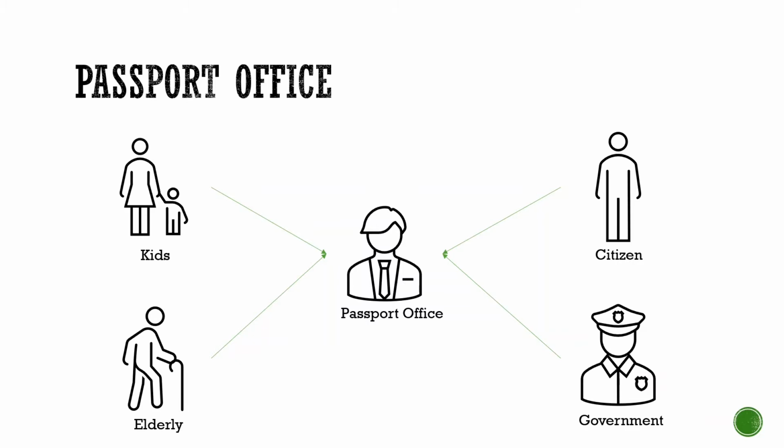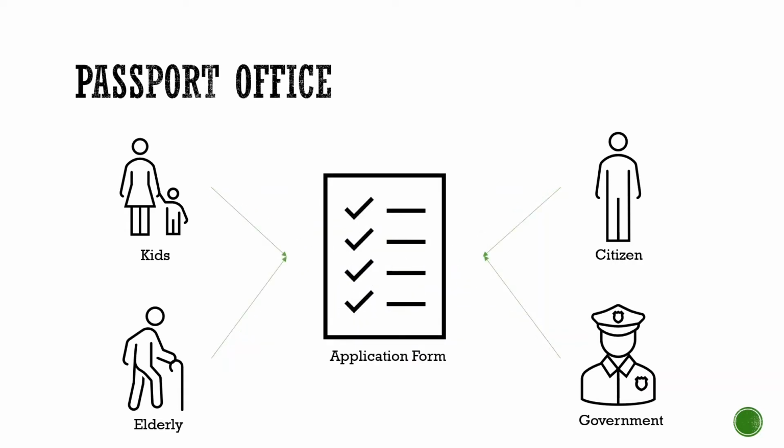This is more the internal view. So you are the passport officer, and there are people who are coming to apply for passports. You create one application form for all. Everyone should fill this application form and submit that to the passport office.